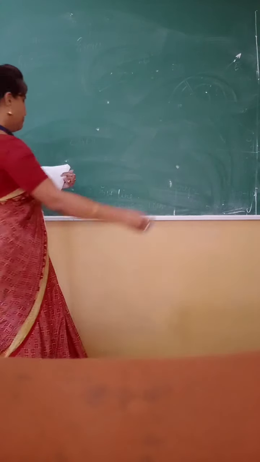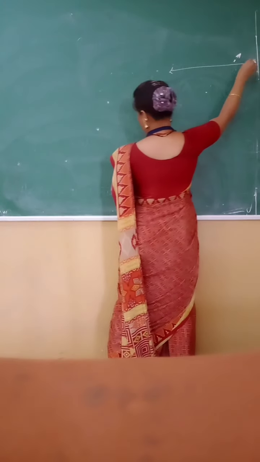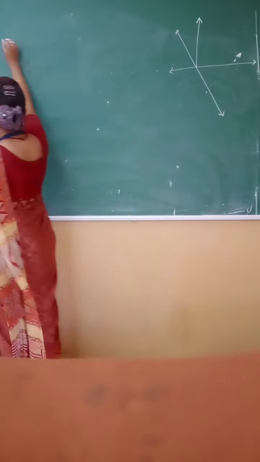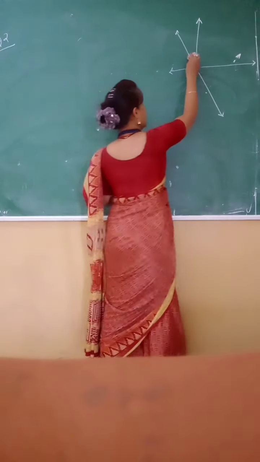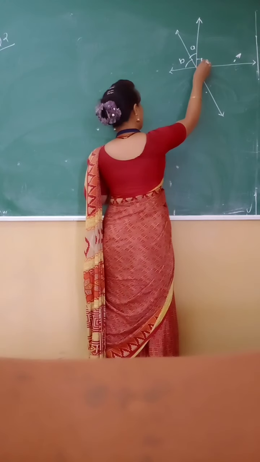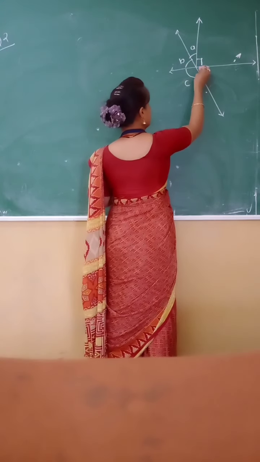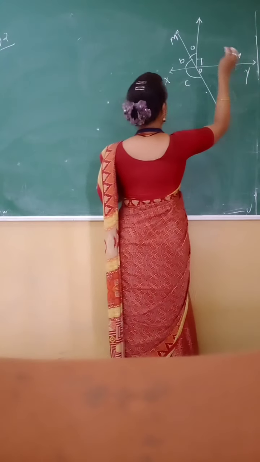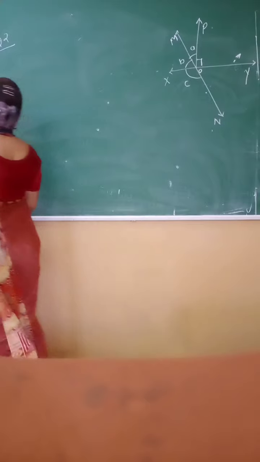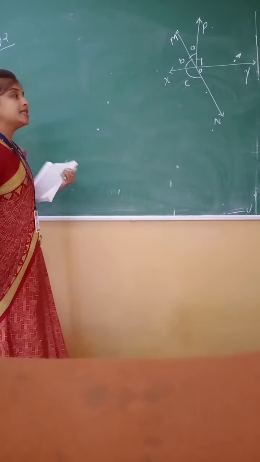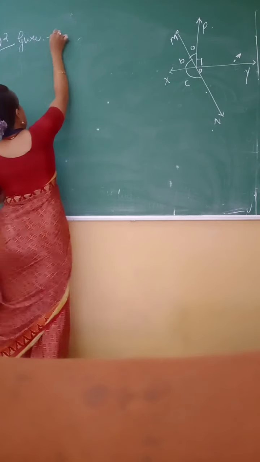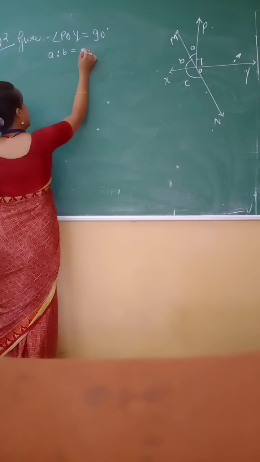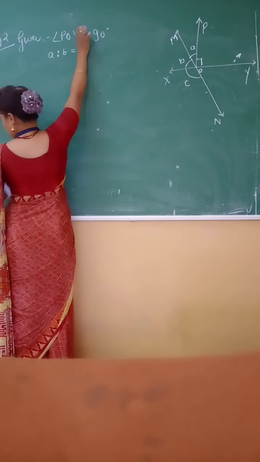Now question number 2. Again the figure is like this. Now, in this question, it is given to us that angle PO5 is 90 degrees and A ratio B is equal to 2:3.